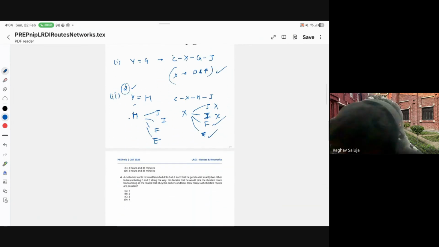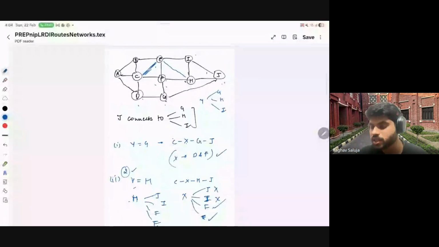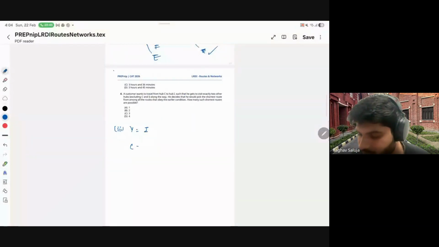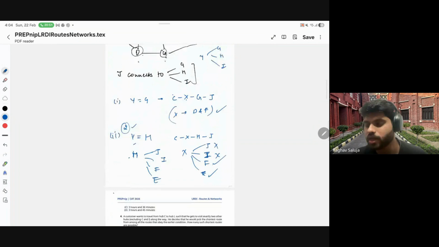Perfect. Now let's take our third case. When your y is equal to I. Okay. So when your y is equal to I, your path becomes CXIJ. Now, what are the neighbors of I?